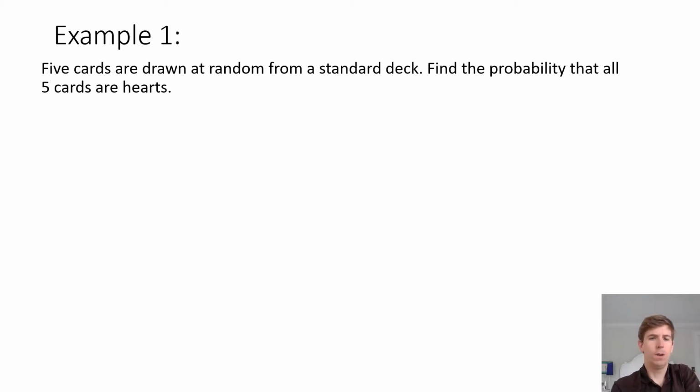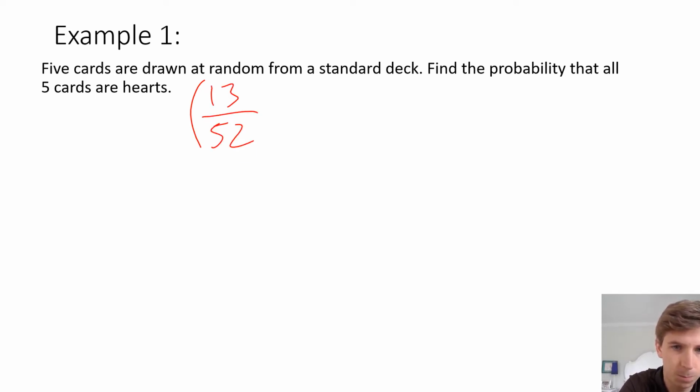The first one: 5 cards are drawn at random from a standard deck. Find the probability that all 5 cards are hearts. This is one where you can actually do without using the combinations, so I'll show you that way first. It's very similar to how we did probability problems without replacement. Getting the first heart, there are 13 hearts in the deck, 52 cards.